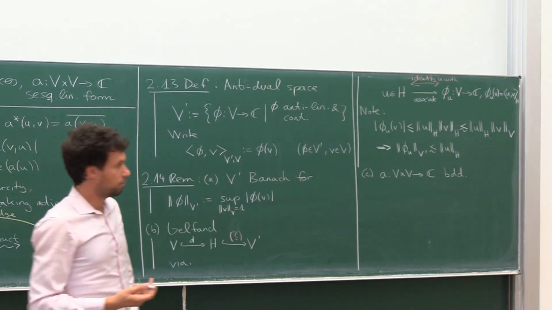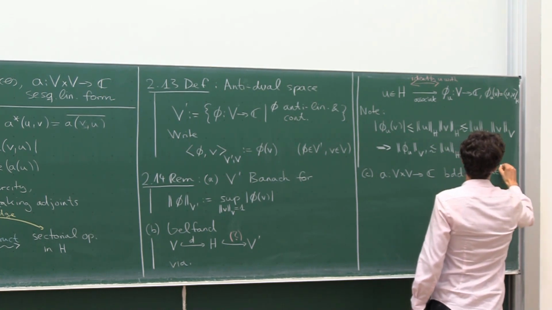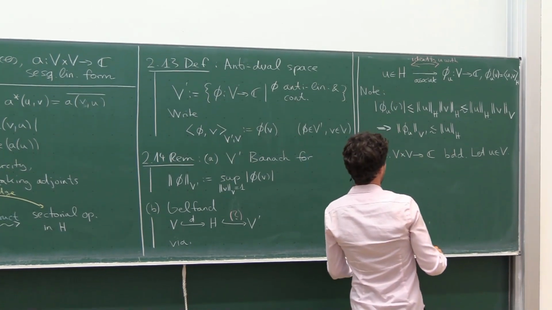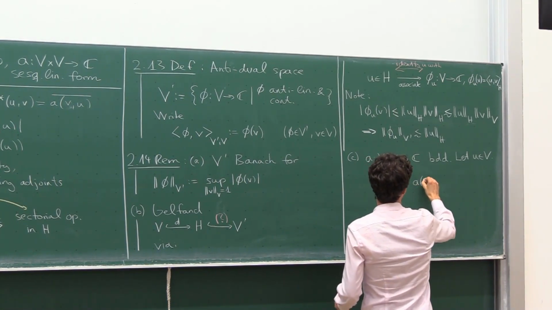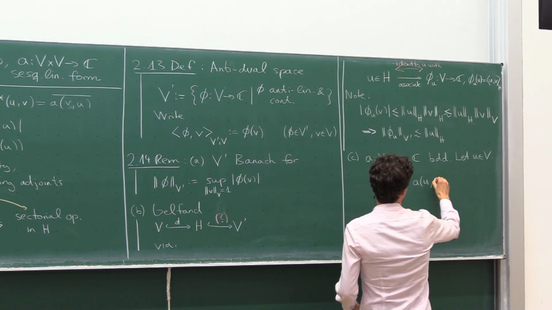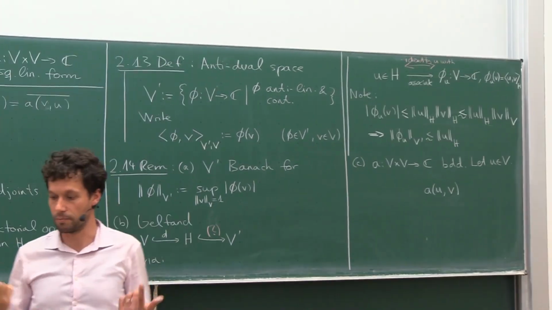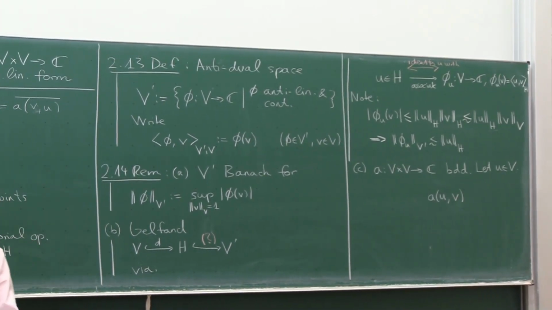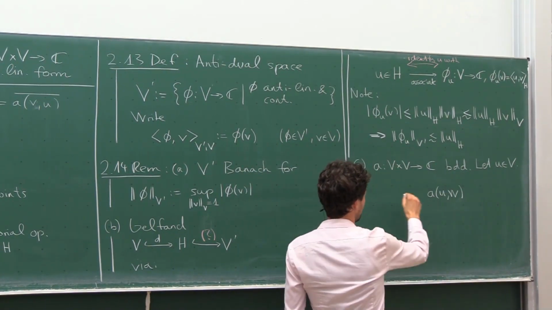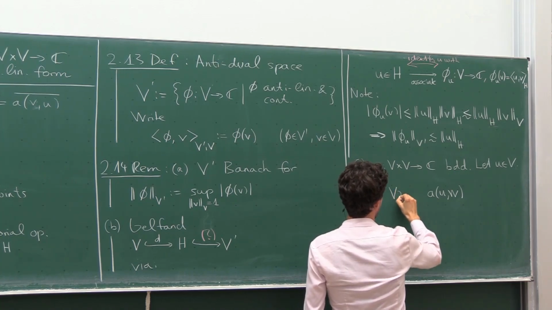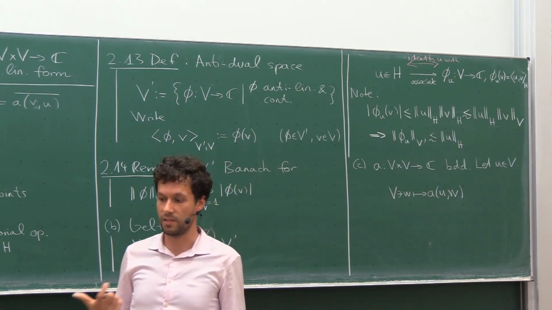Now, let's take an element U in V, and let's make the following observation. If I take the sesquilinear form and I fix U, so I freeze U, and consider for frozen U the expression as a thing where the W varies, what does this become?